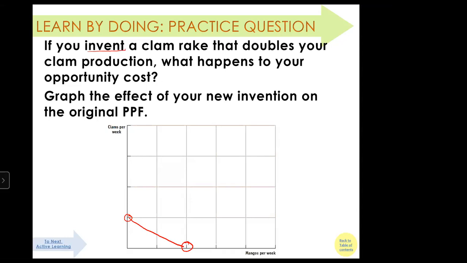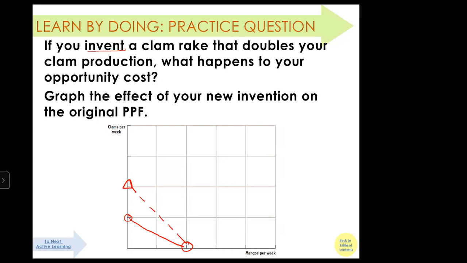You invent a clam rack that doubles your clam production. So what that means on this diagram is that now you are going to produce this much of clams. And this immediately means your production possibility frontier will shift to this dotted line, right?